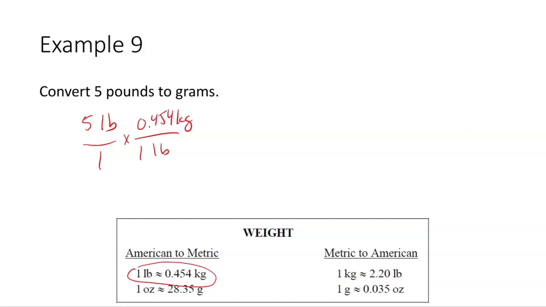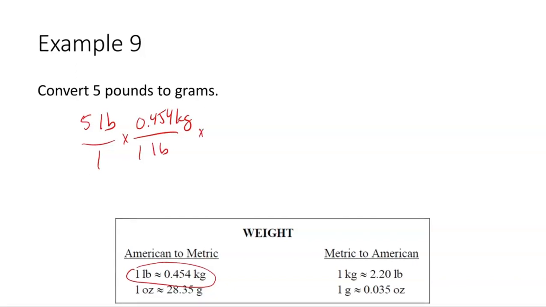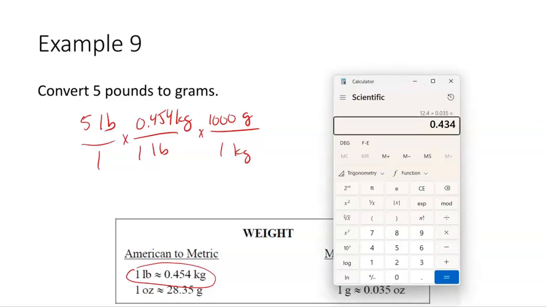So that converts to kilograms. And then 1 kilogram is 1,000 grams. So if I go 5 times 0.454 times 1,000, I get 2,270 grams.